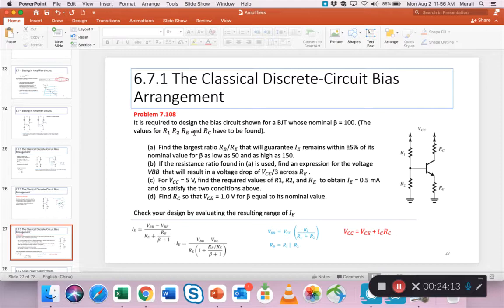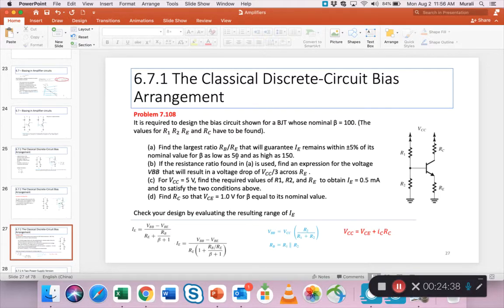Another important thing in this example is that the beta, which is nominally 100, is what the manufacturer tells you is the average value, but the beta values for the transistors of that family can be as low as 50 or as high as 150.